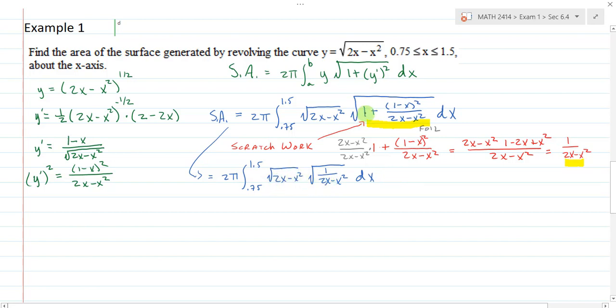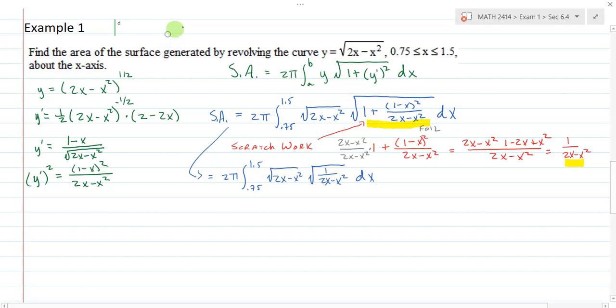The question was, where did the plus 1 go? When I combined these two terms in the scratch work, I multiplied that 1 by 2x minus x squared over 2x minus x squared in order to get a common denominator, so that I could just combine the numerators over that common denominator.